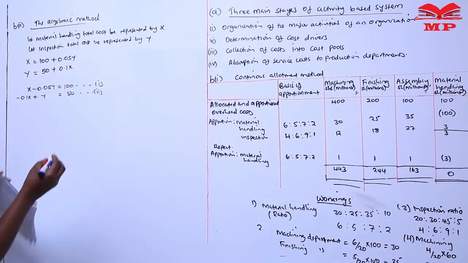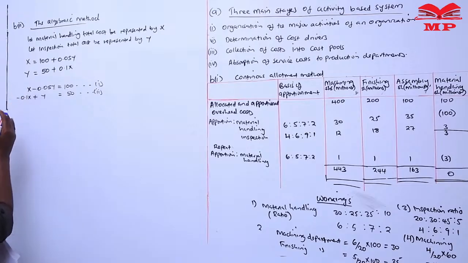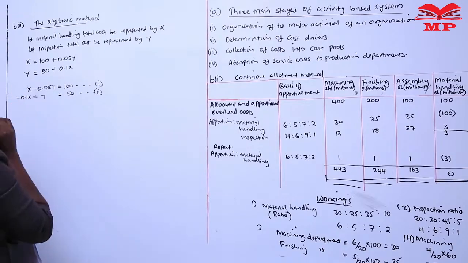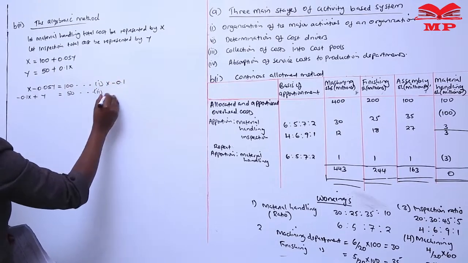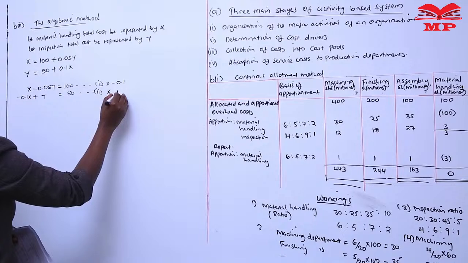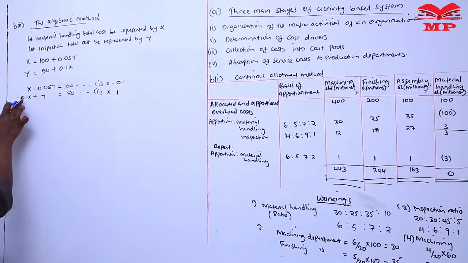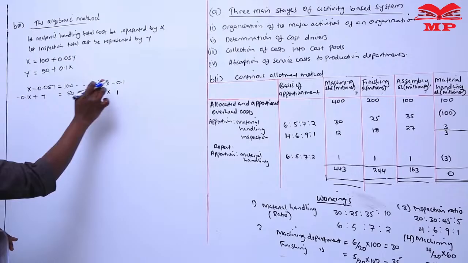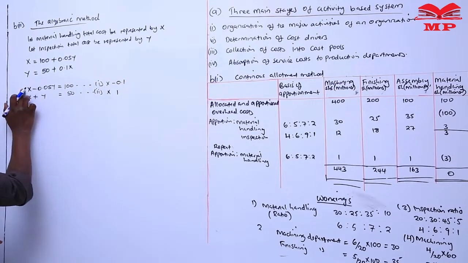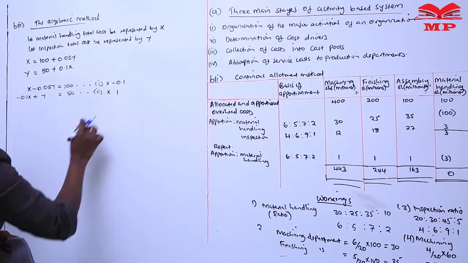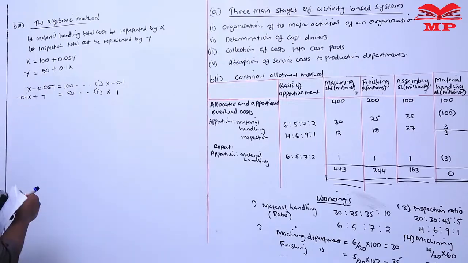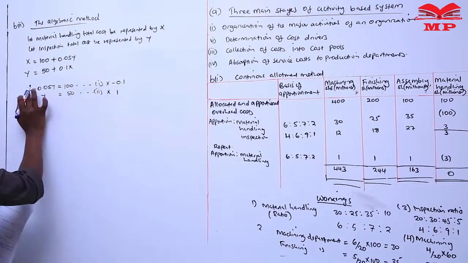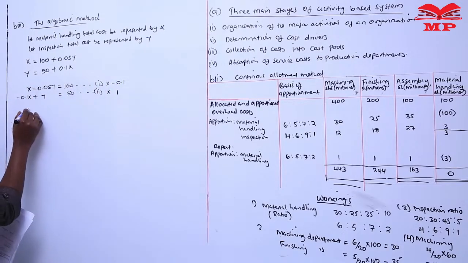So to solve this, we want to eliminate values at either x or y. Eliminating values at x, we simply multiply by negative 0.1 and the second line by 1. So I cross multiply: take negative 0.1, multiply by the first line, take 1, multiply by the second line, and then we'll be able to solve. So negative 0.1 times x is equal to negative 0.1x.